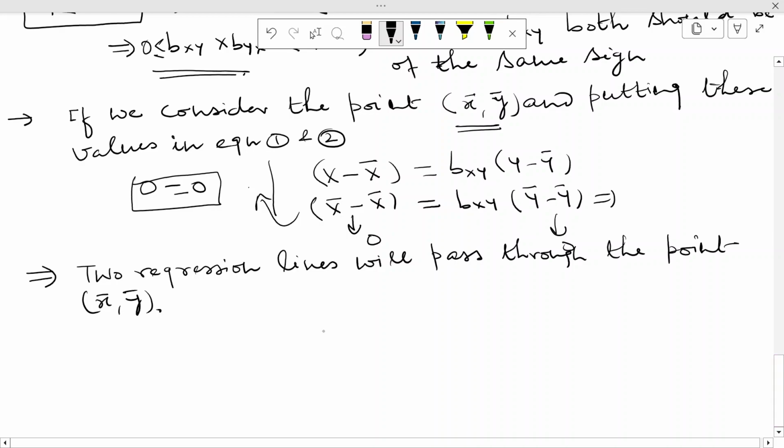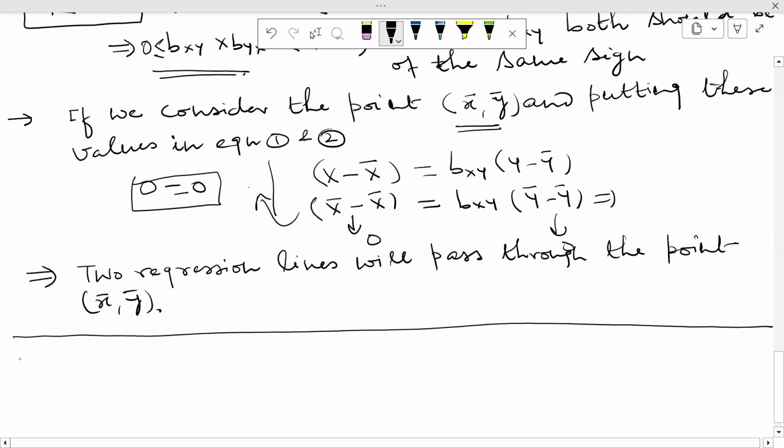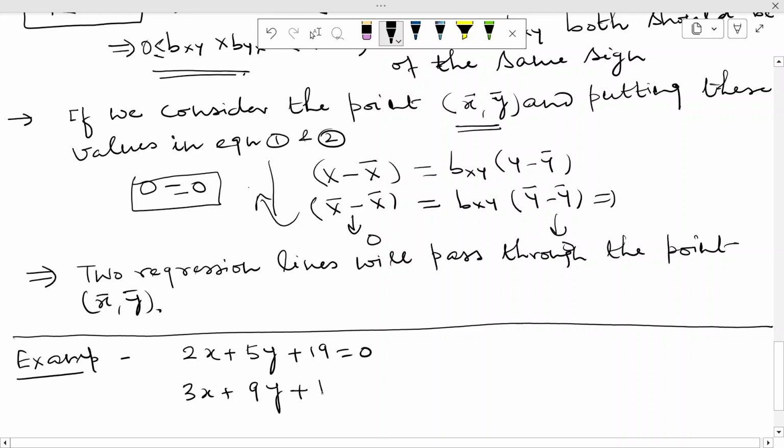Now keeping this in mind, a very common problem is this. Let us consider an example. Suppose you are given two lines, 2x plus 5y plus 19 is equal to 0, and 3x plus 9y plus 15 is equal to 0.